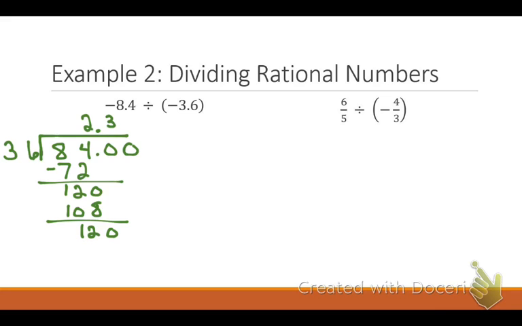Here is my first indicator that I may have a repeating decimal. I see my remainder repeat. Okay, so that tells me I might have a repeating decimal here because 36 goes into 120 how many times? 3 again. And guys, we could do this all the way until the screen touches the floor, right? 3 times 36 is 108.